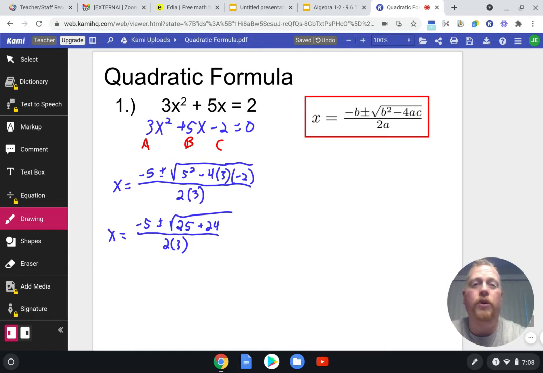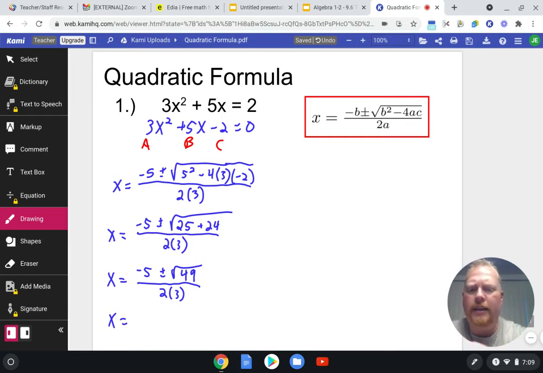Okay, so again, when you're using the quadratic formula, focus underneath the square root to start off with. So -5 plus or minus the square root of 25 plus 24 is 49. And so the square root's all done.